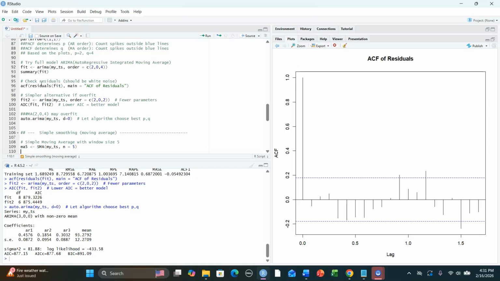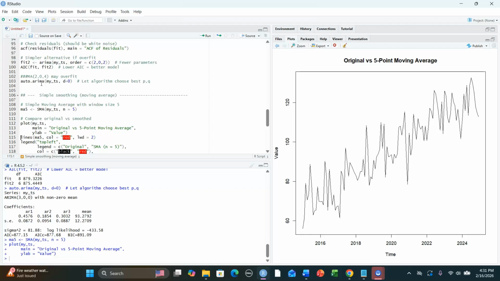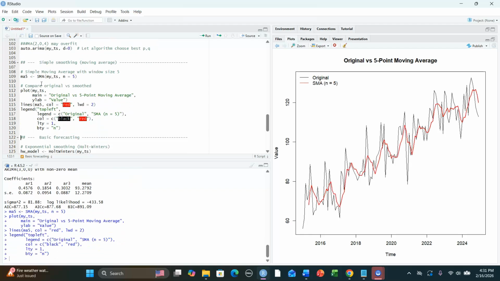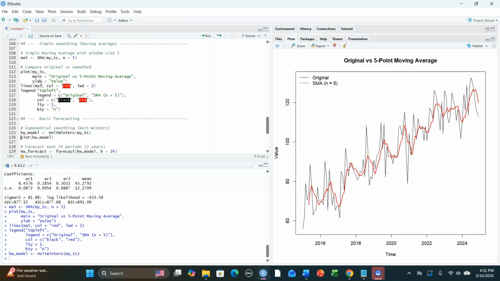Okay, and once you have the time series, you can also do smoothing. First is the simple moving average, SMA, and then you can plot it out. It looks like that: the original, and then the simple moving average. And based on that, you can do forecasting with Holt-Winters prediction.